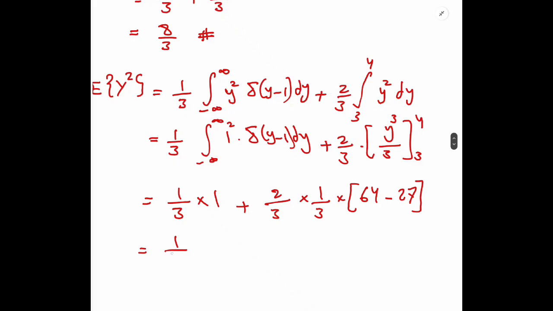So that will be equal to 1/3 plus, 64 minus 27 is 37, so 2 times 37 divided by 9.